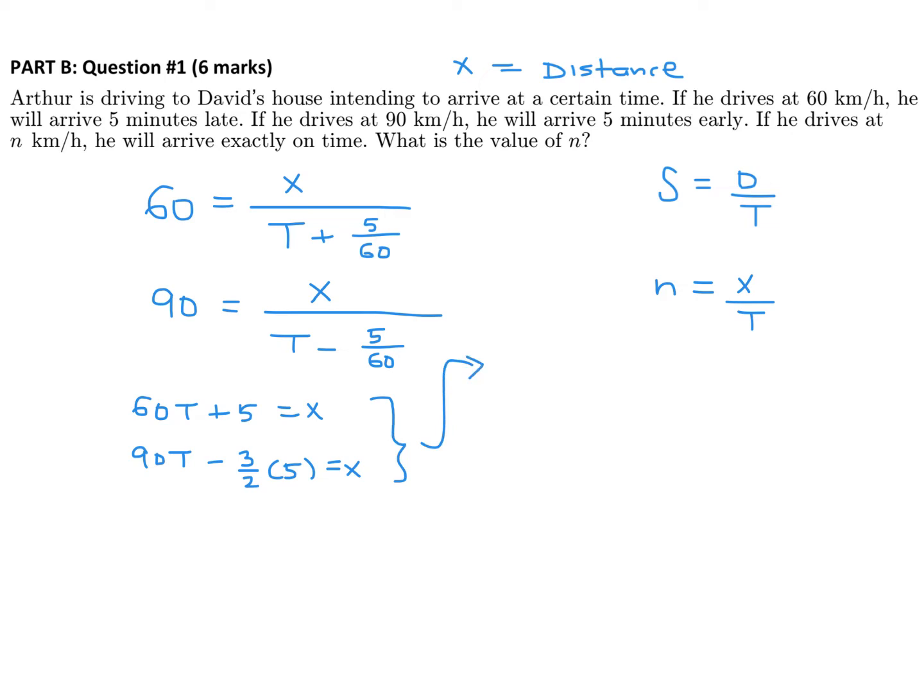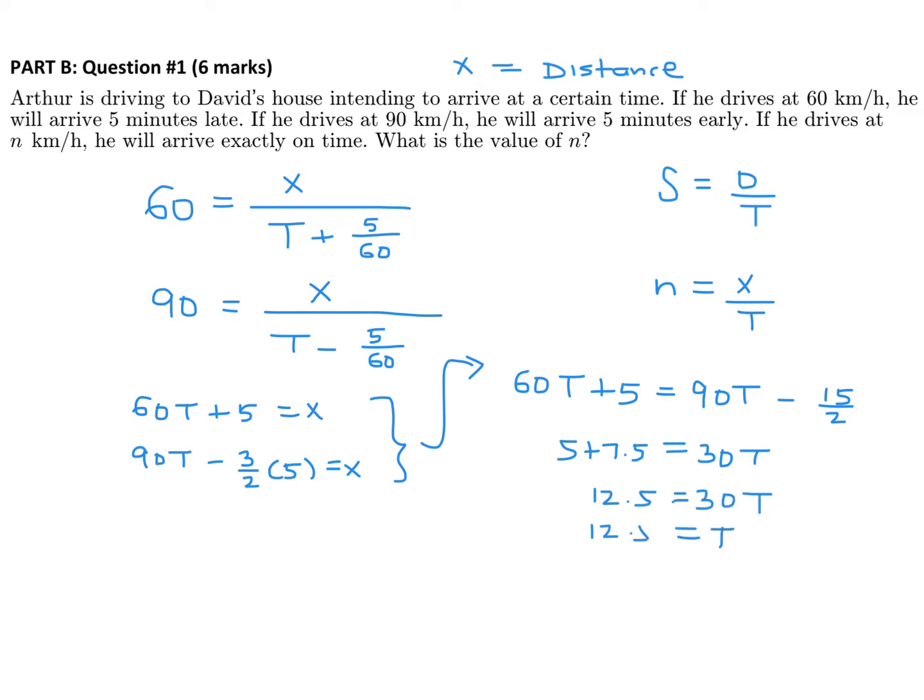So 60t plus 5 is equal to 90t minus 15 over 2. So that means 30t is equal to 7.5 plus 5, and that's 12.5. So 30t is equal to 12.5, and therefore t is equal to 12.5 over 30.